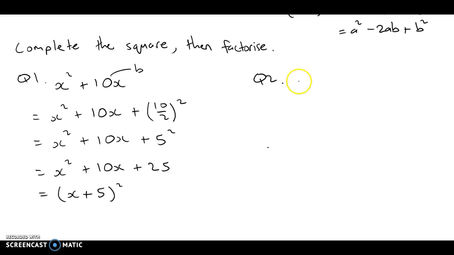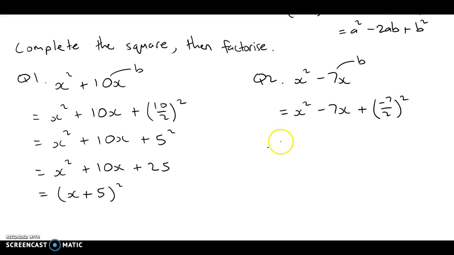Complete the square for x squared minus 7x. Now straight away, hopefully you'll notice that this is slightly different to the previous question because our b is actually negative. Our b is negative 7. So if we complete the square, we'll get x squared minus 7x plus minus 7 on 2 all squared.